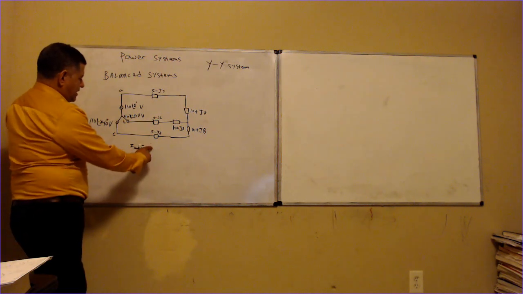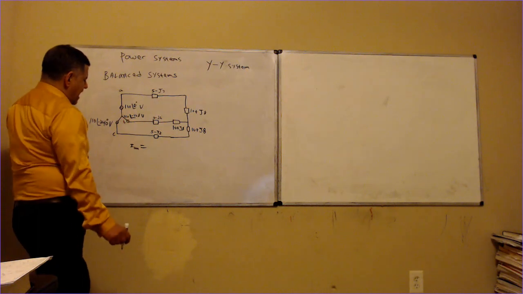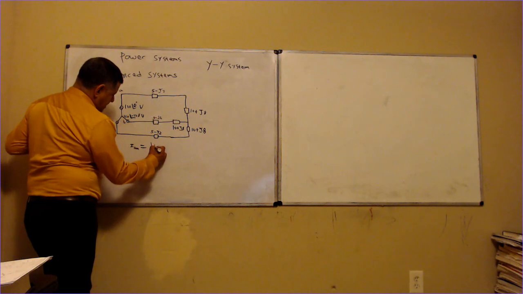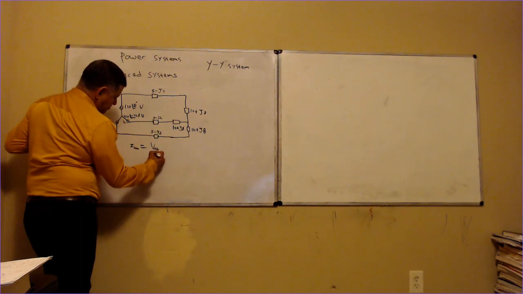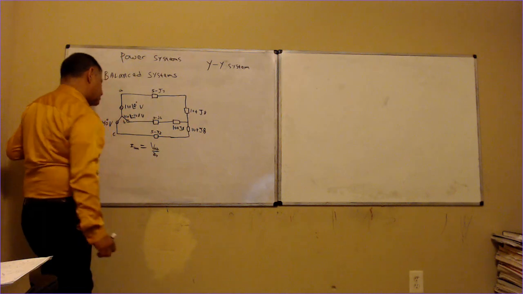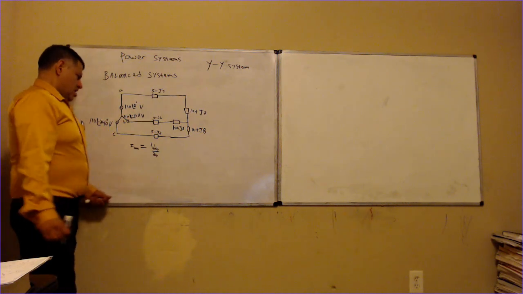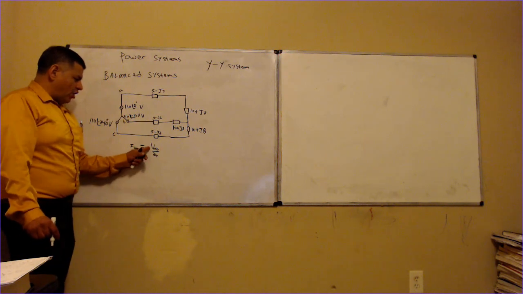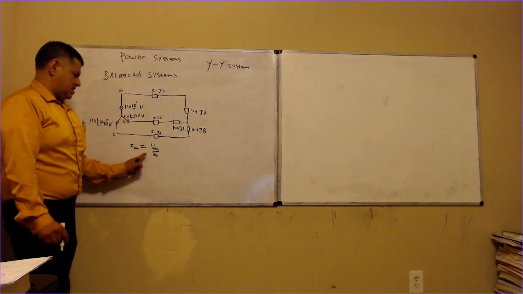So let's say that IAN is equal to VAN divided by some impedance ZY. The voltage divided by impedance is equal to current, right?